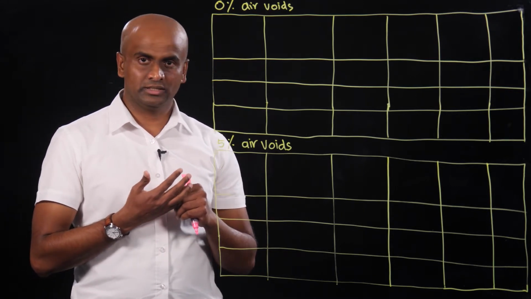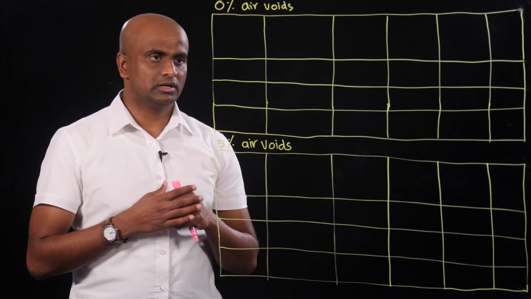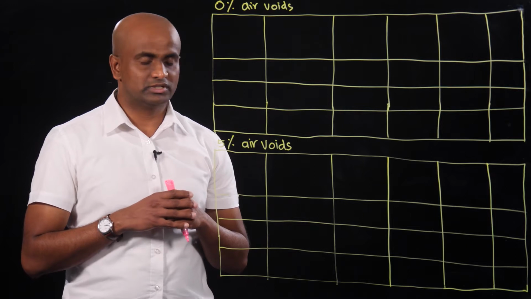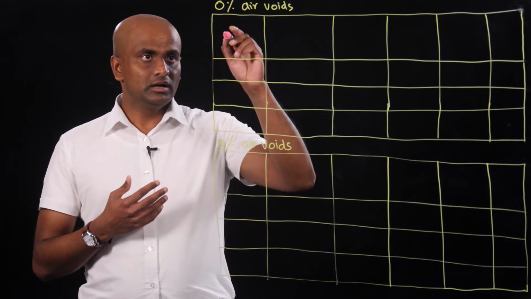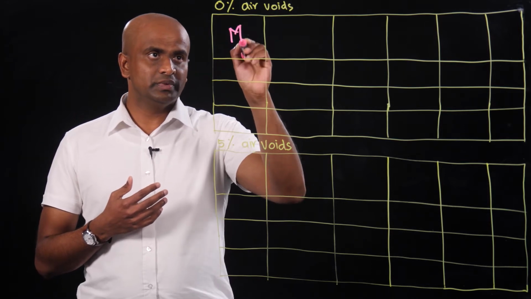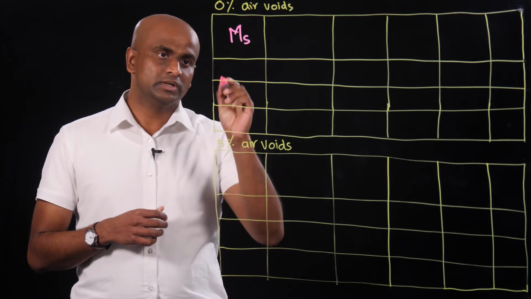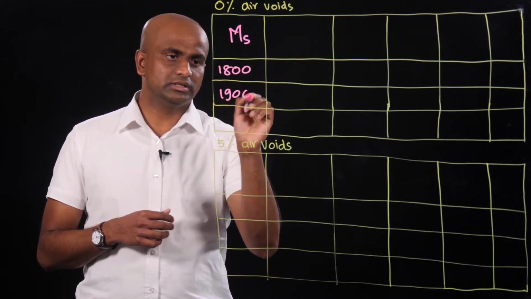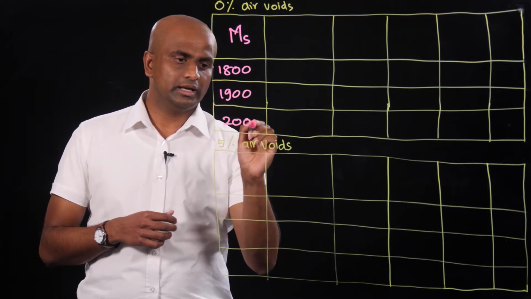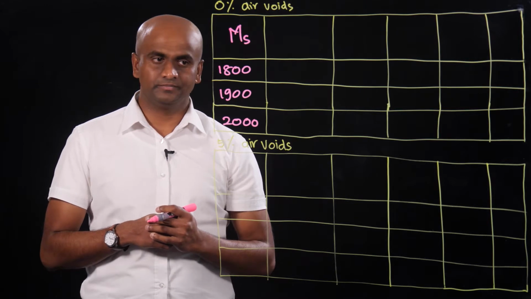So I would select 3 points between 1800 and 2000 for the assumed dry densities. As I said, the dry densities will be directly the mass of solid because we are considering a 1 cubic meter volume. So I select 1800, 1900 and 2000 as dry densities or the mass of solid.